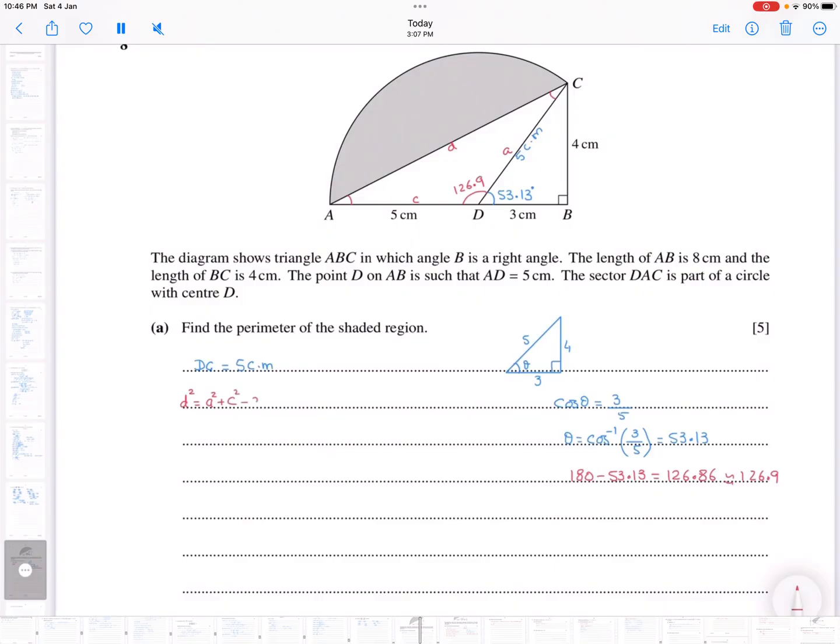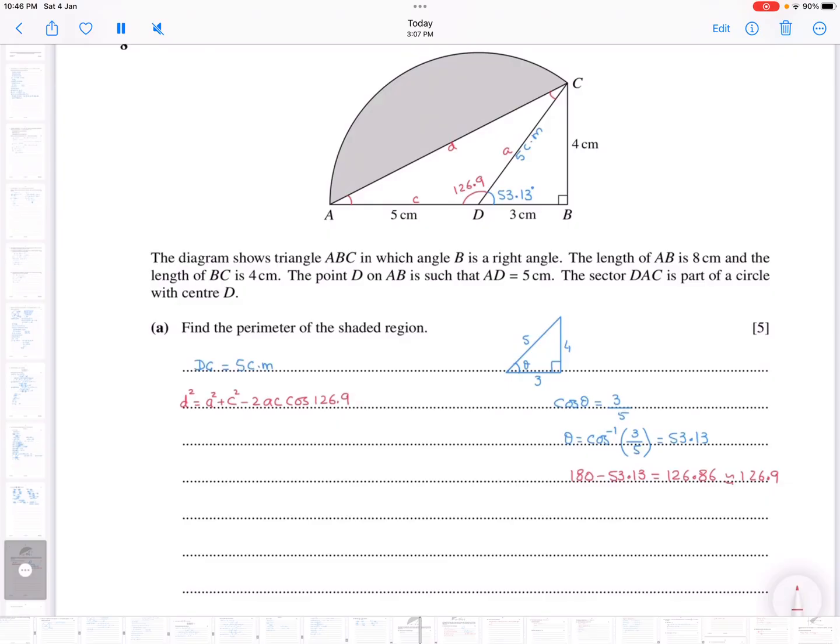So how to write its formula? Very simple. Because I'm going to find small d, which is the length AC, start with d square. So A and C are left in this triangle, so you write a square plus c square minus 2, both A and C multiplied, and then cos of 126.9.